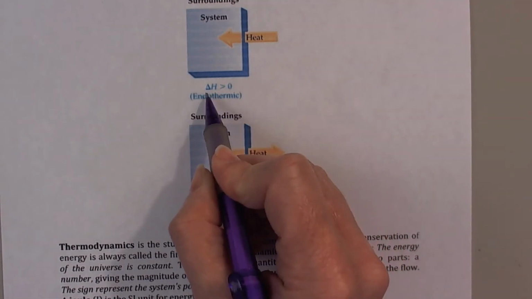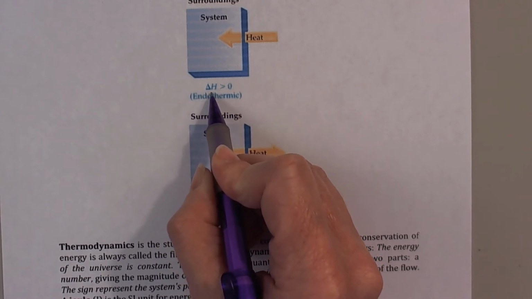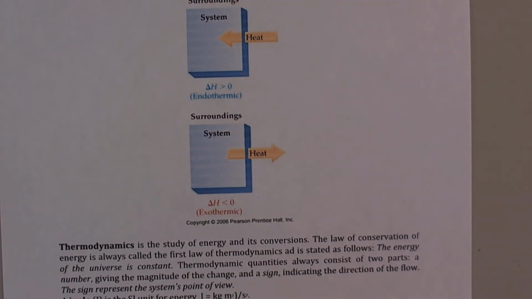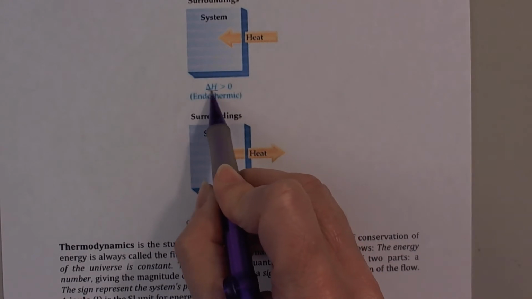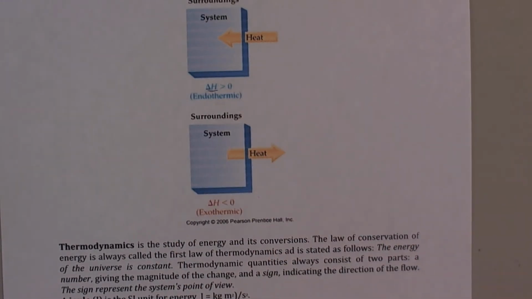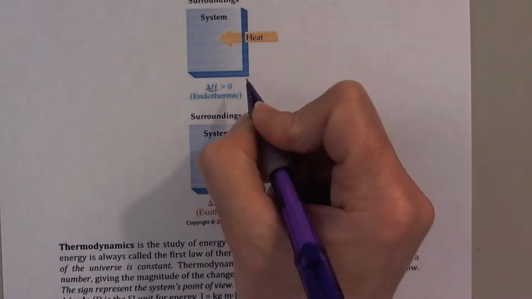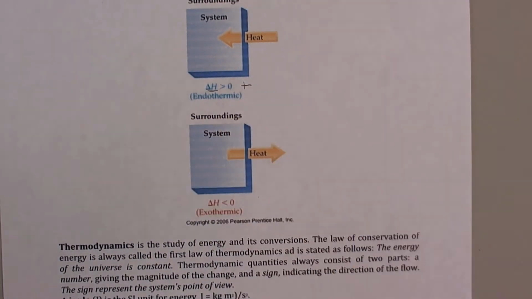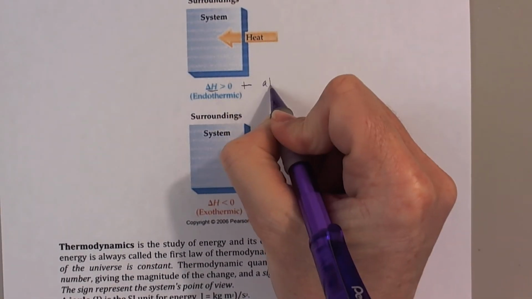So this tells you that this delta H, your enthalpy, is talking about the energy flow of that system. That is a positive number. So you see how delta H is greater than 0. That's endothermic. That tells you that your system is absorbing heat.